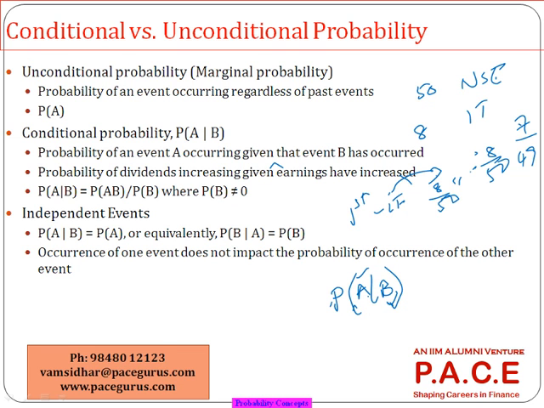The simple way that we use to calculate it is: we take the probability of both A and B occurring, which is represented by the intersection, divided by the probability of B. Which means I am now reducing the space.